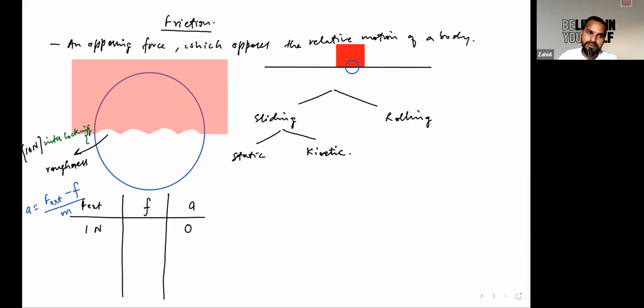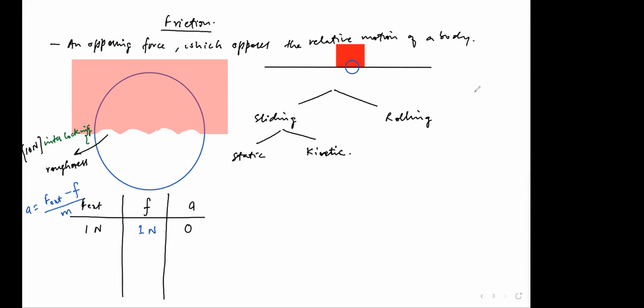So if you simplify it, you will get frictional force equals to this external force. So this will be just 1 Newton. Is it clear how I got friction force to be 1 Newton? Hamza, is it clear? Sir, can you explain it once again?